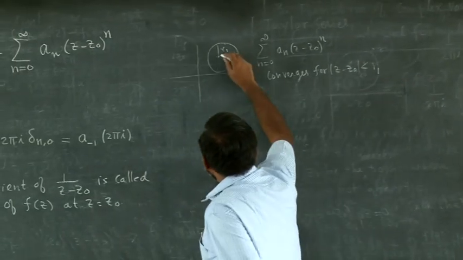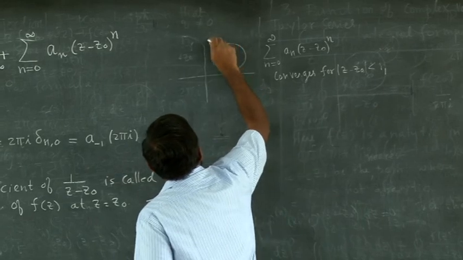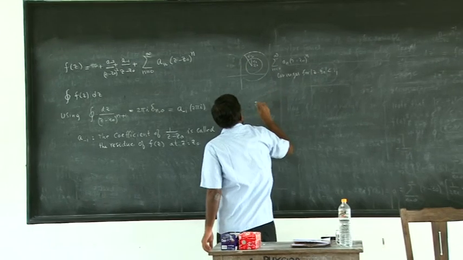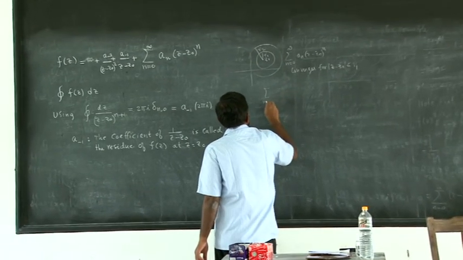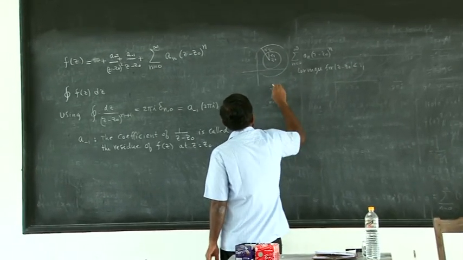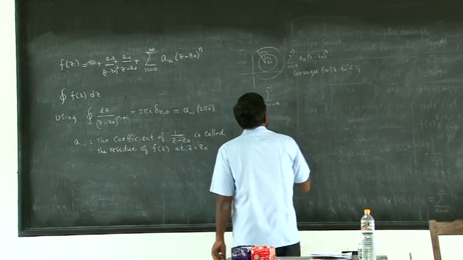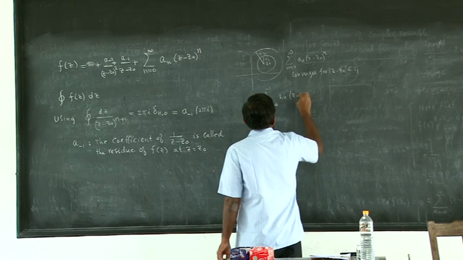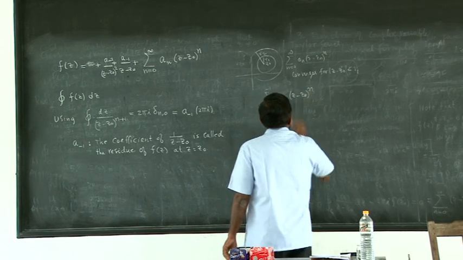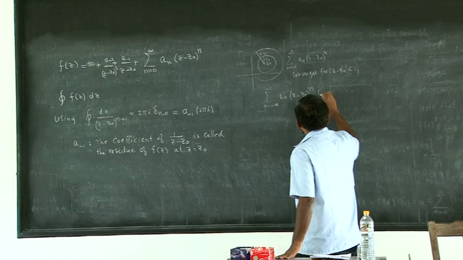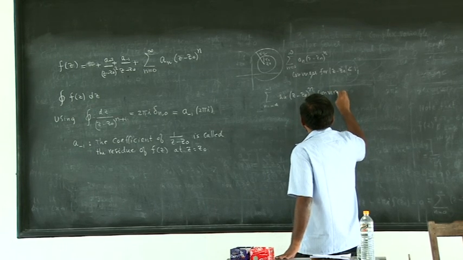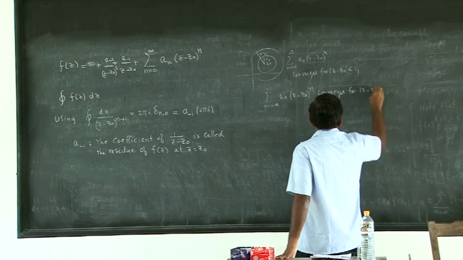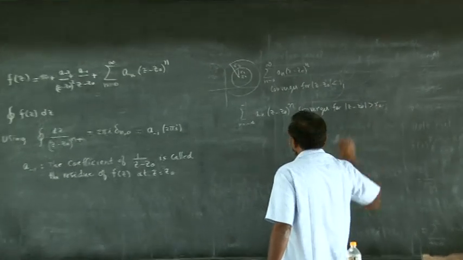Now if you consider another variable r2 such that the sum over n equal to minus infinity to minus 1 of a n (z minus z naught) to the power n converges for modulus of z minus z naught greater than r2.